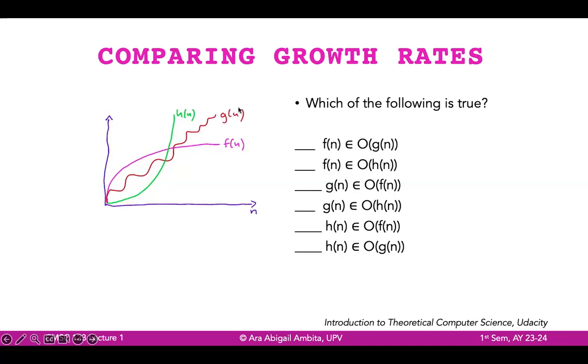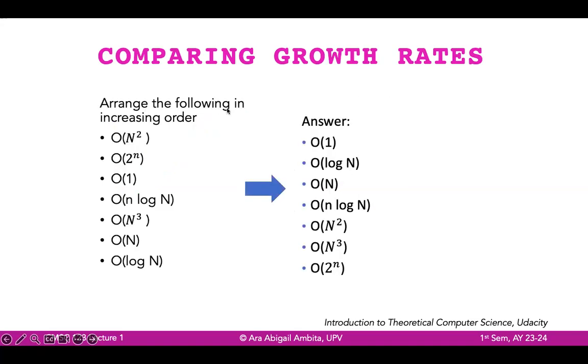Meaning, habang mas dumadami yung input mo, the running time will also grow bigger. Okay? With the same input, g of n will be greater. So we can then say that f of n will be bounded by g of n.